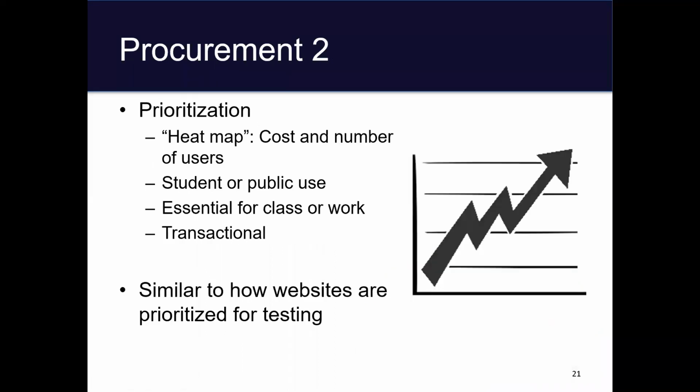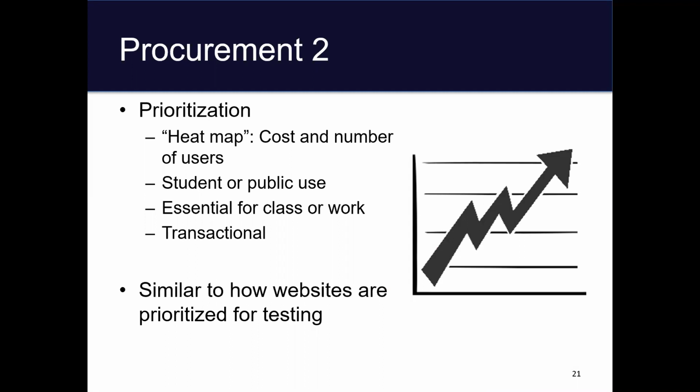So I prioritize requested solutions and services based on the following criteria in terms of reviewing them for accessibility. I use kind of a heat map, considering the solution's costs and the number of the solution's users. As both costs and number of users increase, the priority increases. So by these criteria, enterprise level products will always be a top priority.